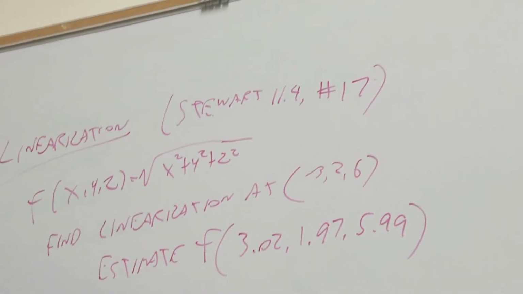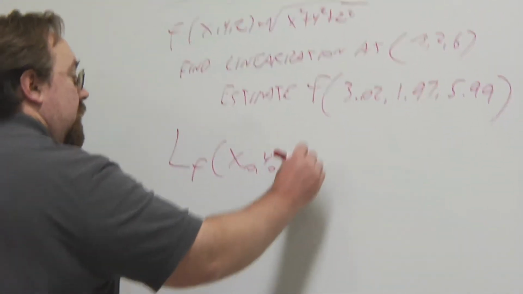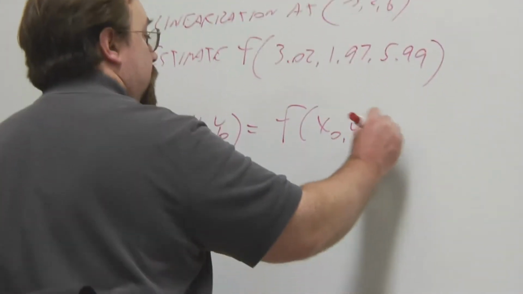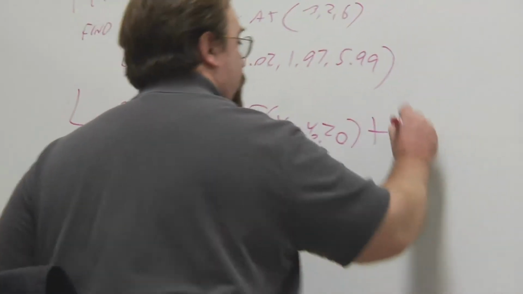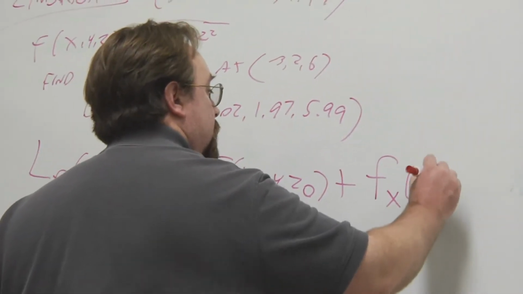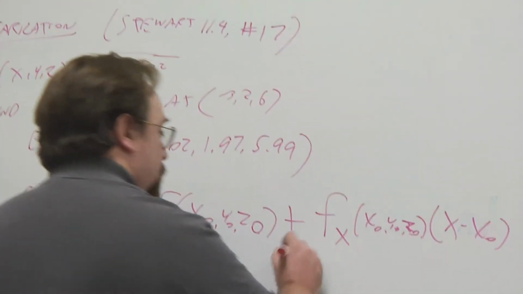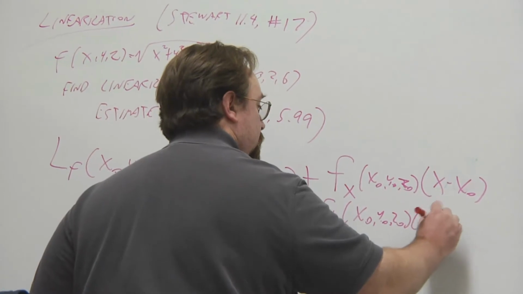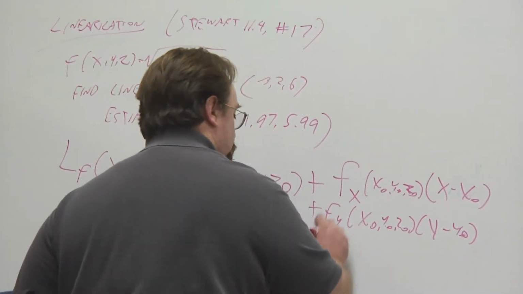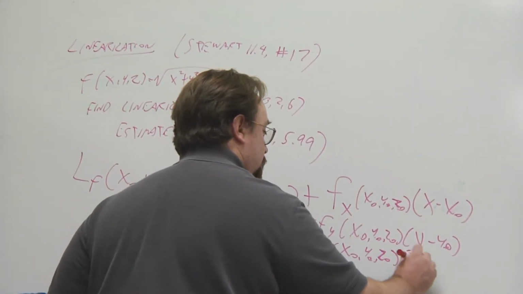So the linearization of f at any given point is given by the function value at that point, plus the partial with respect to x, also at that point, times x minus x naught, plus fy times y minus y naught, plus fz times z minus z naught.